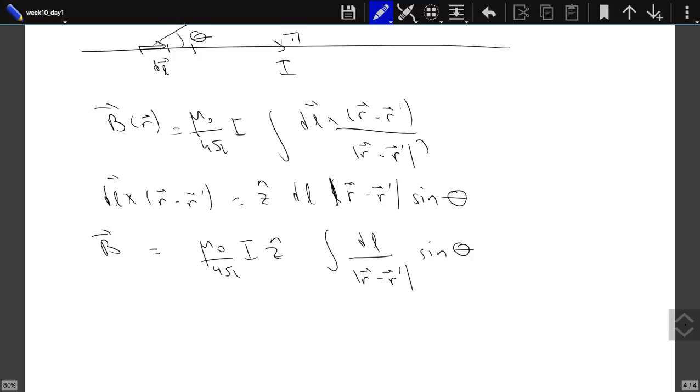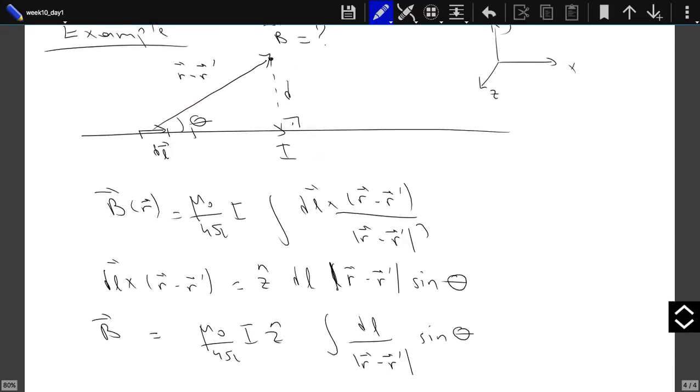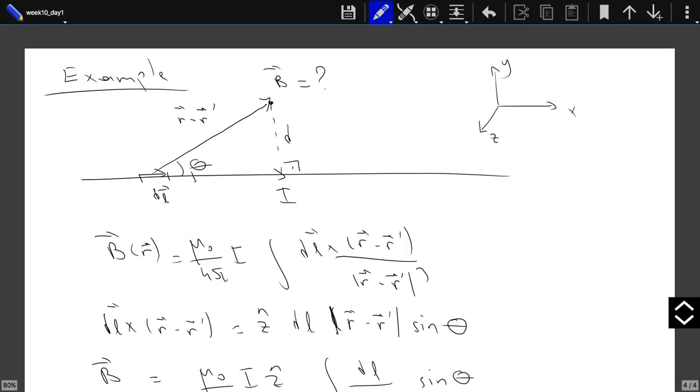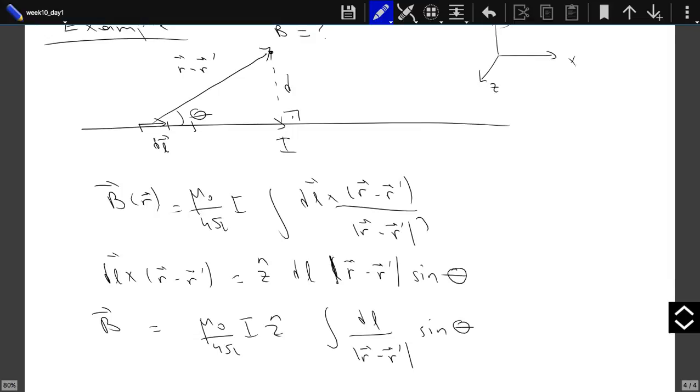So I will try to write everything in terms of theta. What is inside the integral is dl over magnitude squared. Yes, you're right. So here I have a cube. I also have another one over here. It cancels one of them, so I'm left with square.